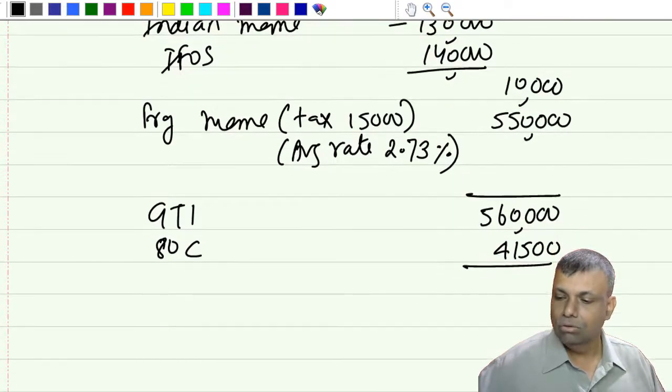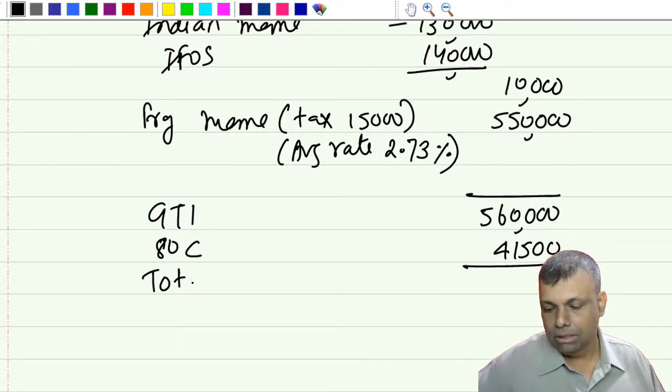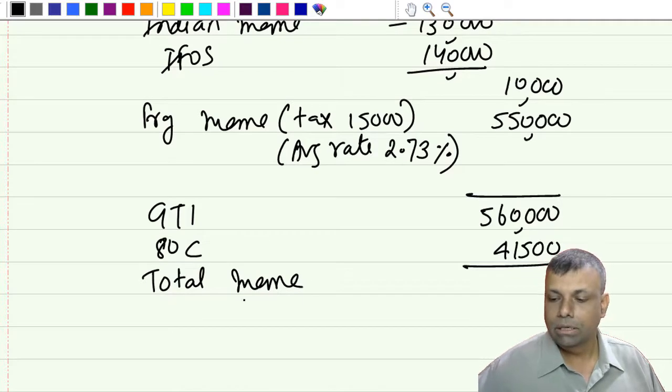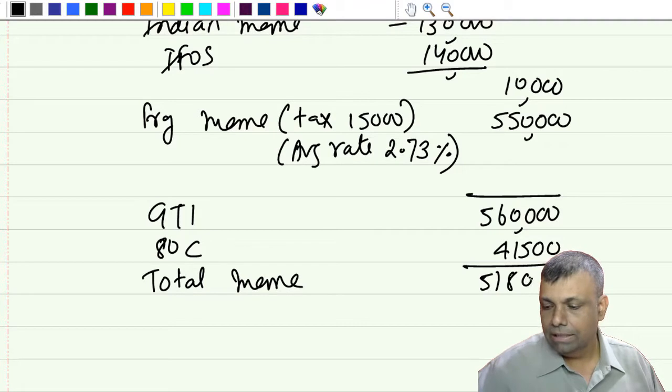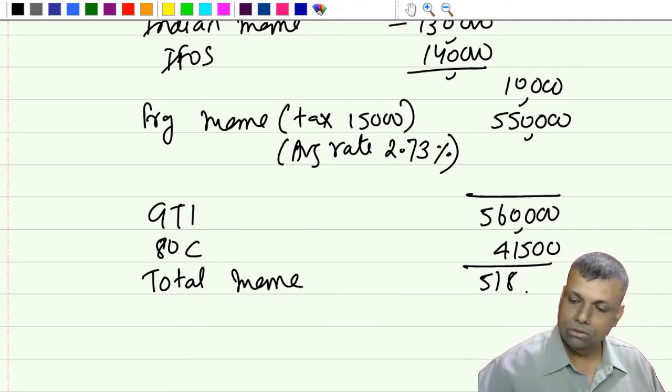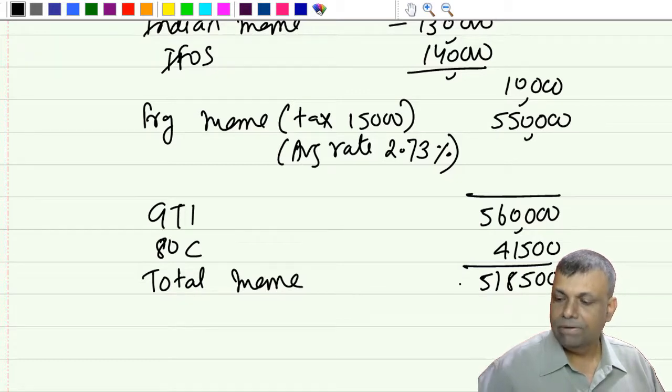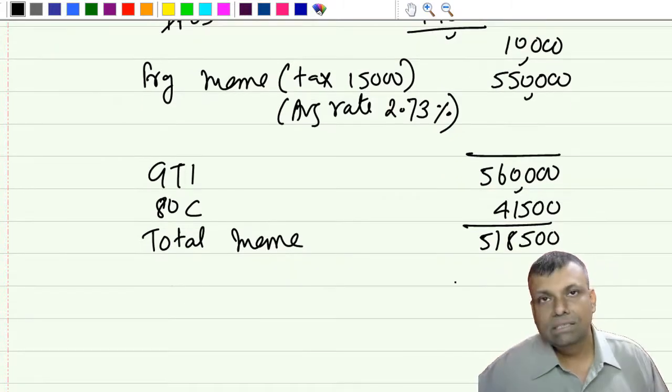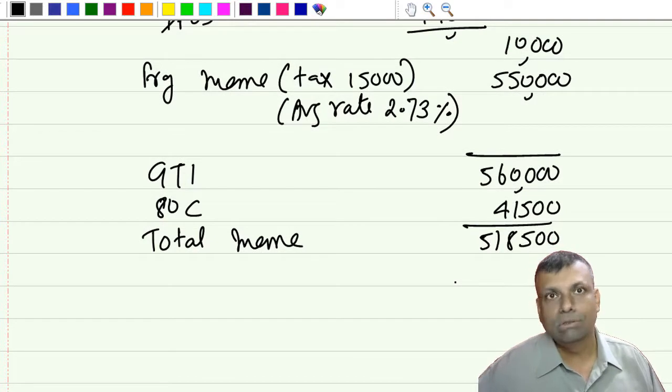So that is going to be the difference. So your total income will be 5,18,500.